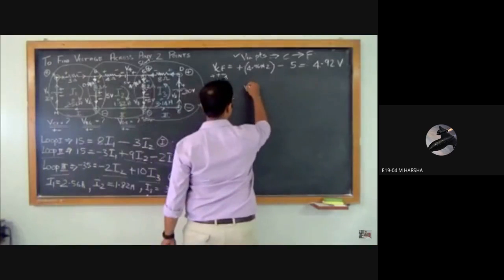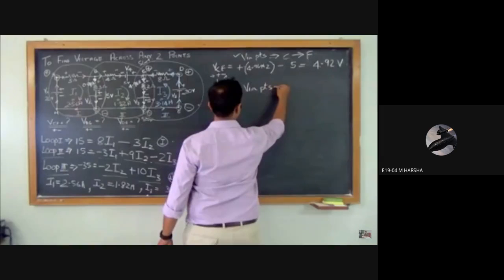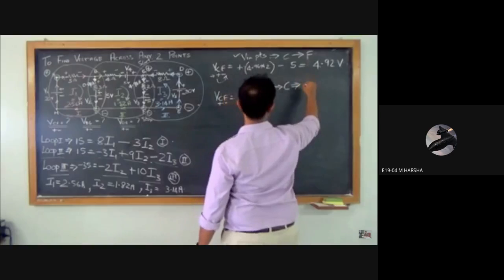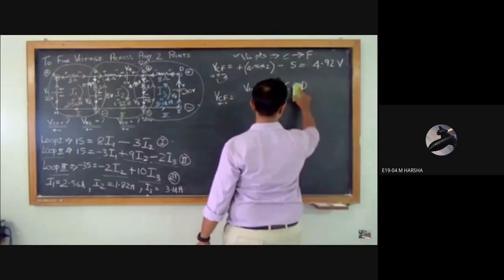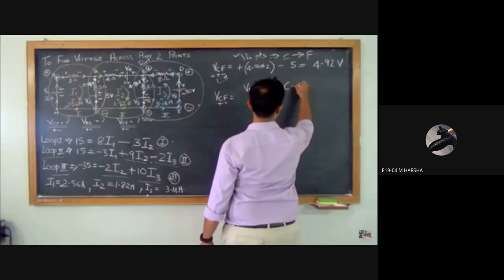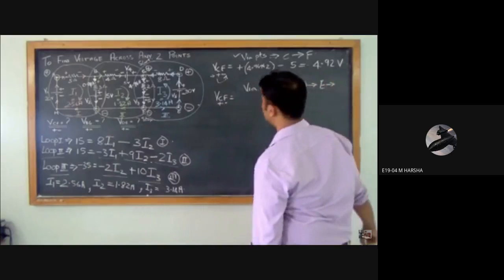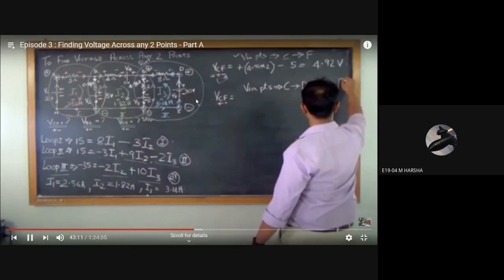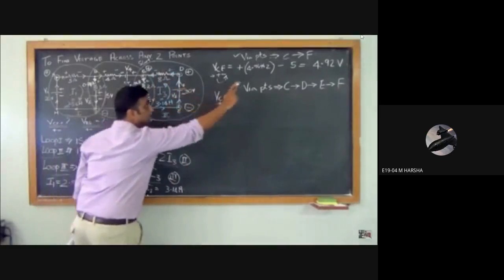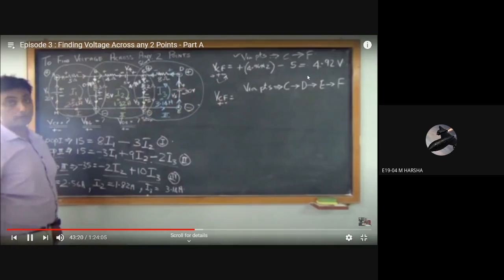Now we will go via points C to D, D to E, and E to F. So even if we go via these points, we should get the same voltage, that is 4.92.